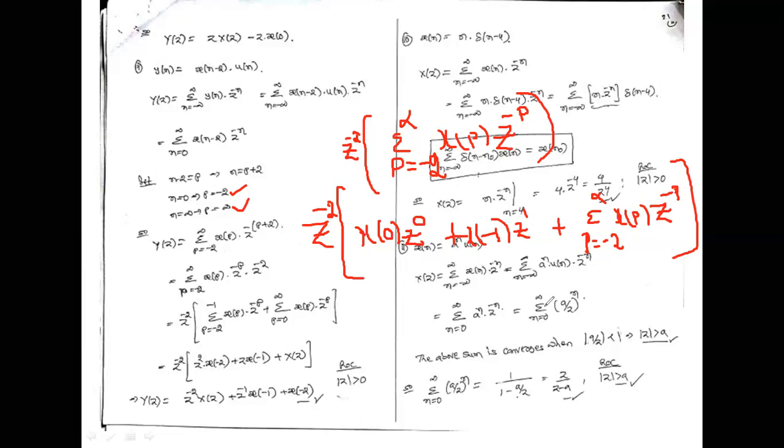Don't think that is a before value. z into x of minus 1, and z square when substituted is z square into x of minus 2, after the expansion. And minus 2, minus 1, and 0 is also there. What is 0? x of 0 into z, x of 0 into the z value, and so on.